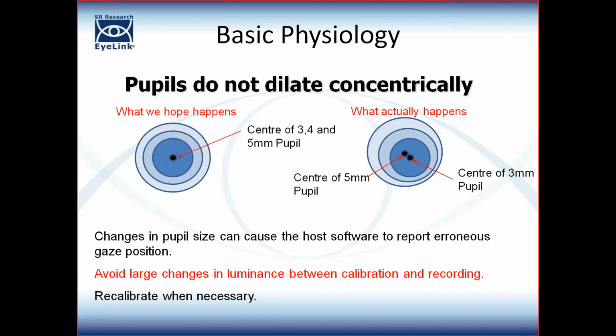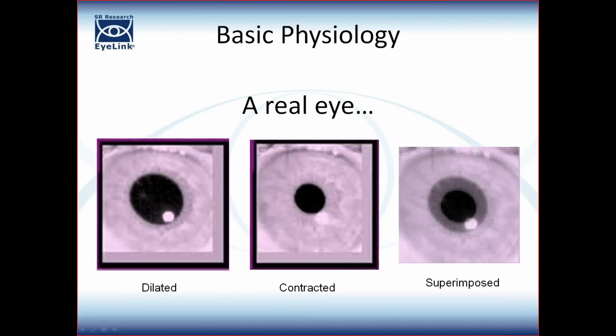You have a very large change in luminance between when you calibrated, which would have been to a relatively small pupil, to when you show your stimuli, which will be a comparatively larger pupil because the luminance levels will have gone down. This can cause small, but not insignificant sometimes, offsets in your gaze data. So it's worth bearing that in mind and recalibrating as necessary.